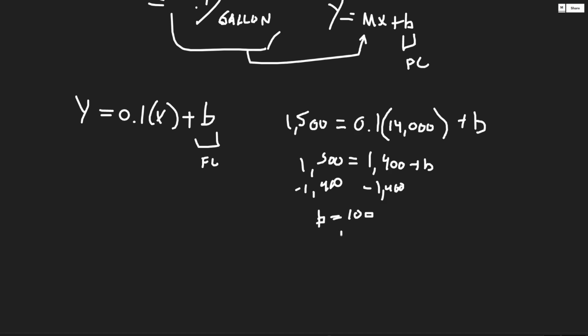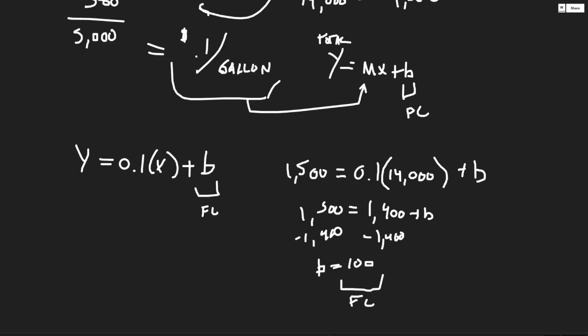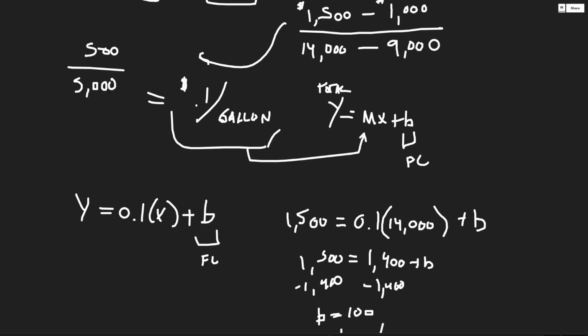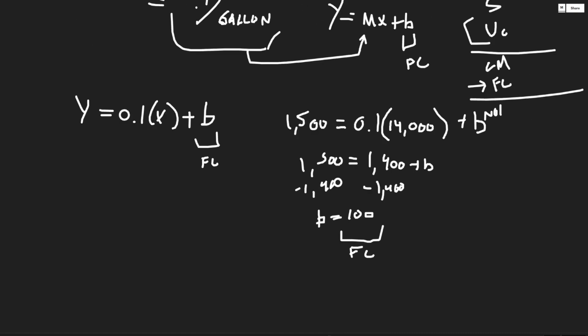So this 100 is our fixed part of our mixed cost. So if we were making the CM income statement, we would want this 0.1 in the variable cost section right here, and then after we get our contribution margin, that 100 would go in the fixed cost portion of the CM income statement.